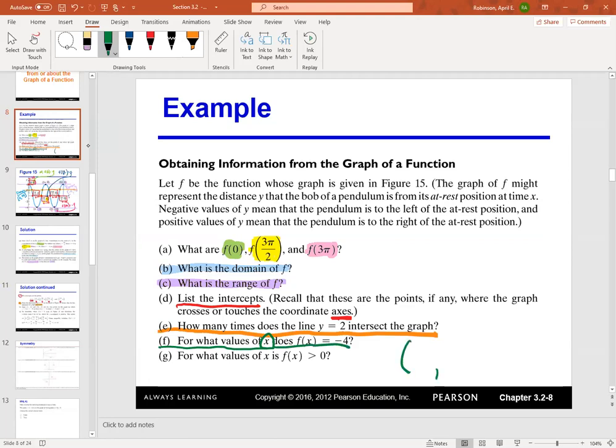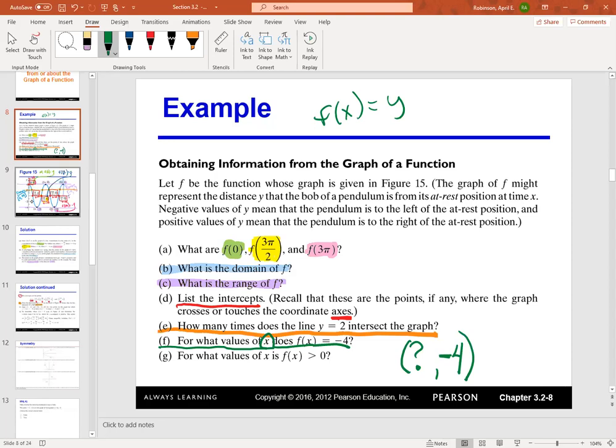We are looking for the points that have a y coordinate of -4. Remember I said the other day, f of x is really just your y coordinate. It's called functional notation, or as I like to call it, higher level PhD bullshit. You know, they're just trying to make it more complicated.